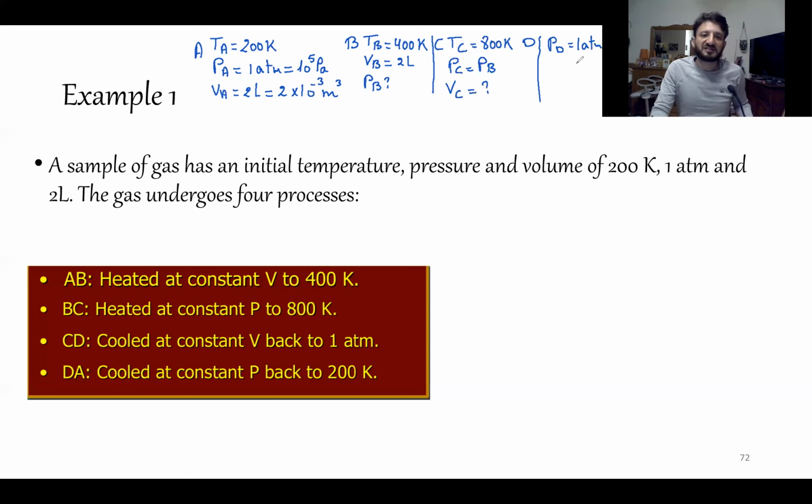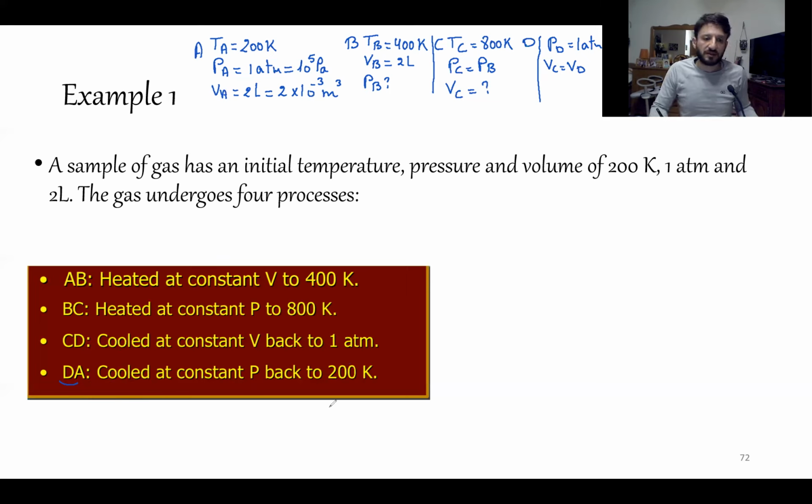We have the same level as PA. PA equals PD. And we have a constant volume, so VC equals VD. And we go from the point D to the point A, cooled. So we have a negative Q.